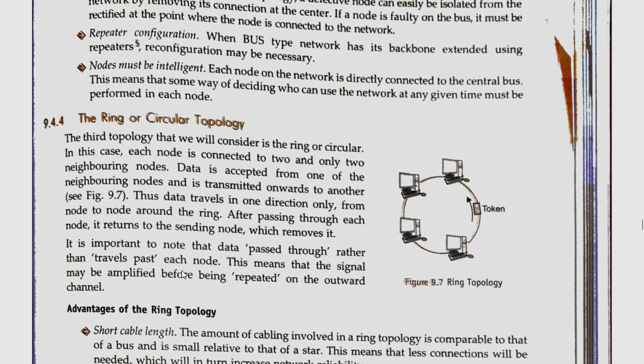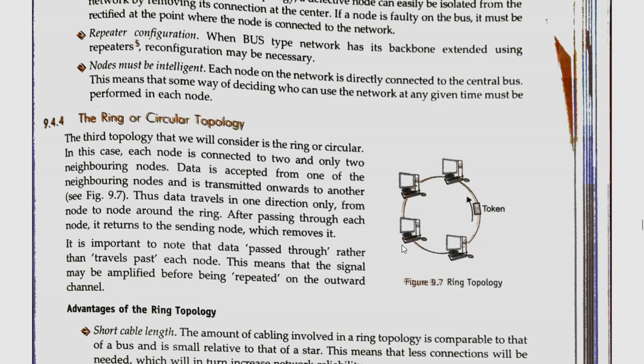It is important to note that the data is passed through rather than traveling past each node. This means that the signal may be amplified before being repeated on the outward channel. When the data is being passed, it is passed through rather than traveling past. If you are passing some information, it passes from a particular node to the second node and then to the third node.